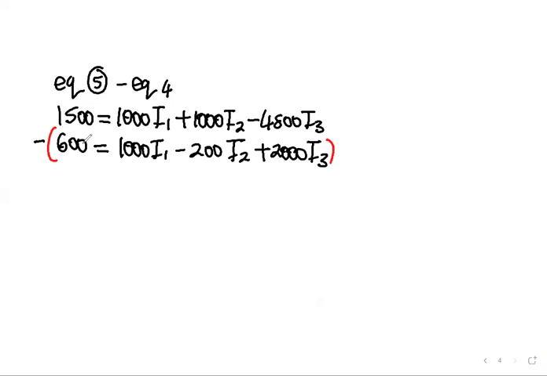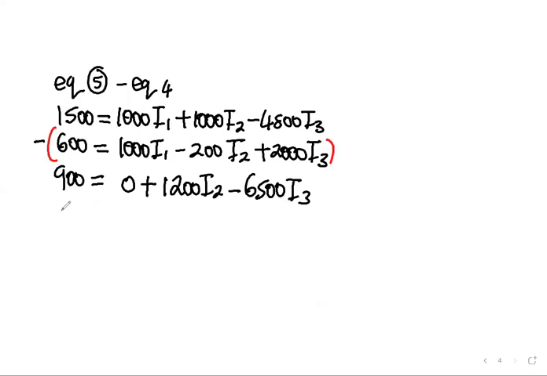So 1500 minus 600, what are you going to get? You're going to get 900. So that 900, you simply write it here. 900 is equal to, so 1000 I1 minus 1000 I1 is going to be 0. And then 1000 I2 minus 200 is going to be plus 1200 I2, and then minus 4500 minus into 2000, that's going to be minus 6500 I3.